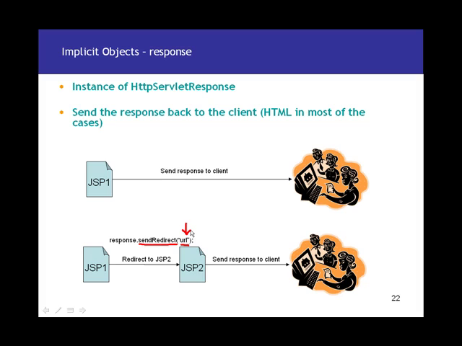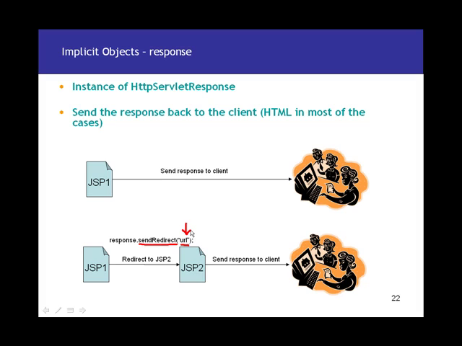From an end user perspective, using request dispatch or sendRedirect doesn't really make any difference, because all he sees is a new page, right? He doesn't know what internally happened, whether the application sent back the response to the browser or directly forwarded the request to the new page. He really doesn't know, right?